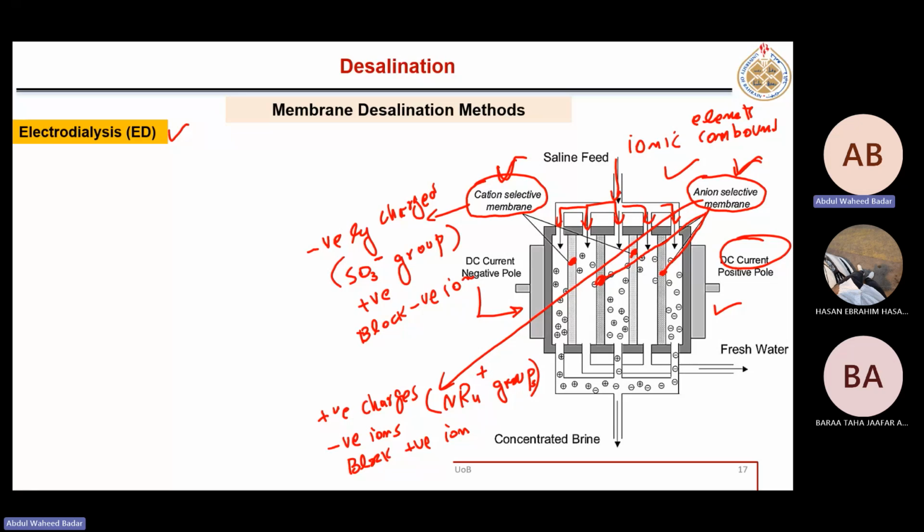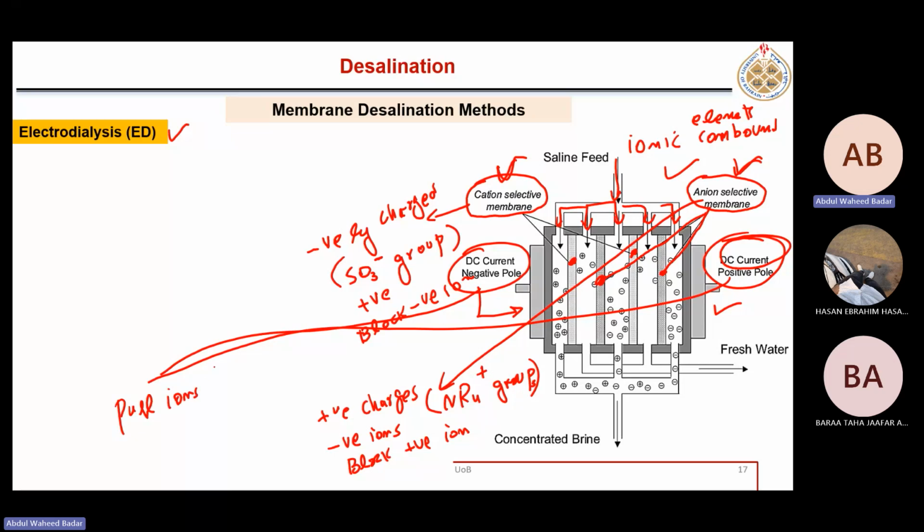And these electrodes, the negative and positive poles, are the ones which create that push or force, which will pull the ions present in that seawater. They only allow the correct ions to pass through when the DC field is applied.